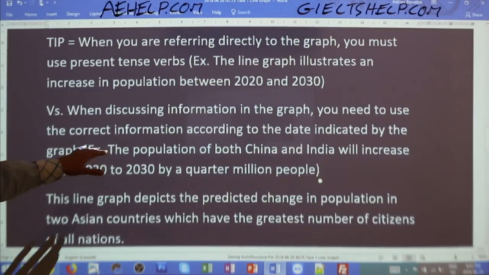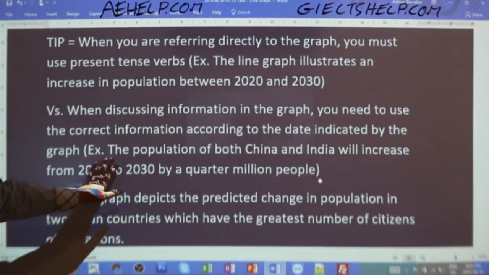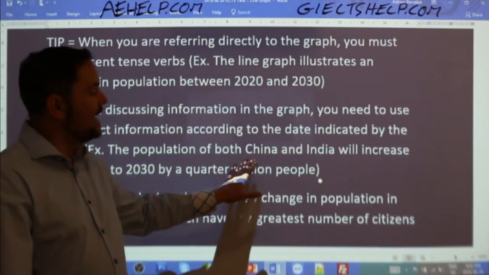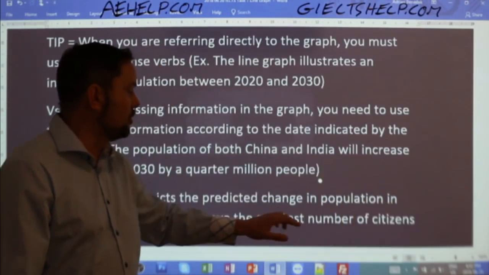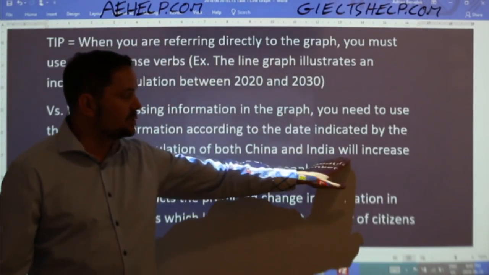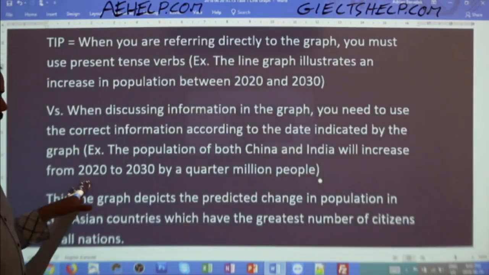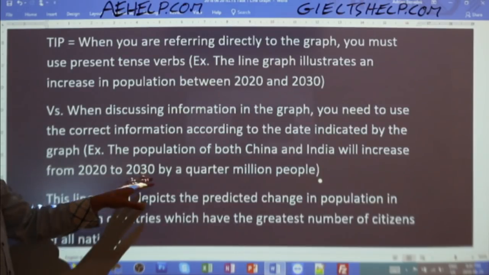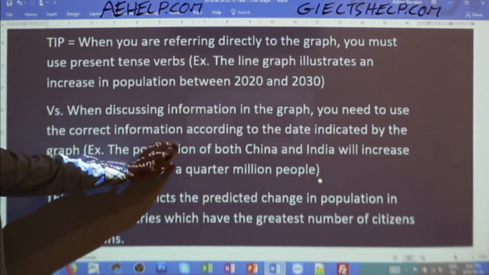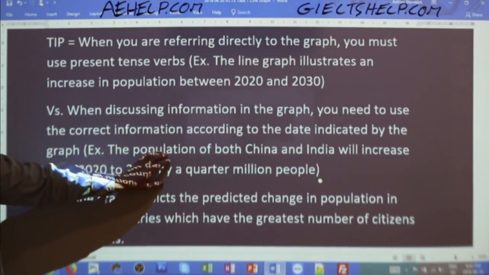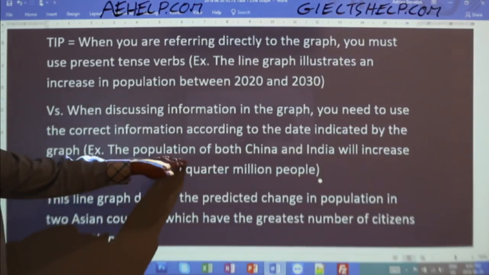So notice here in this example, the population of both China and India will increase. It must be will, it must be the future tense will, because we're talking about 2020 and 2030. Here, I'm not relating to the graph, I'm relating to the actual information in the graph.